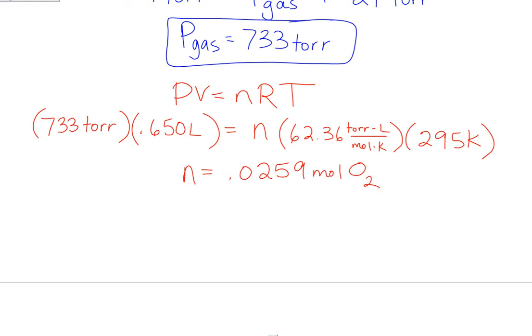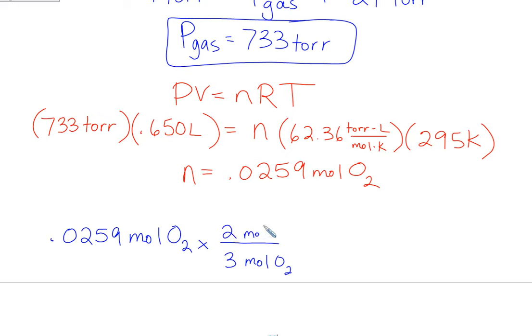Well, now you see where this is going, right? We can use all this stuff in stoichiometry, especially when the equation of the reaction involves gases. Now we're going to take our moles, 0.0259 moles of oxygen gas. We got the ratio from the balanced equation, 3 moles oxygen, 2 moles potassium chlorate.